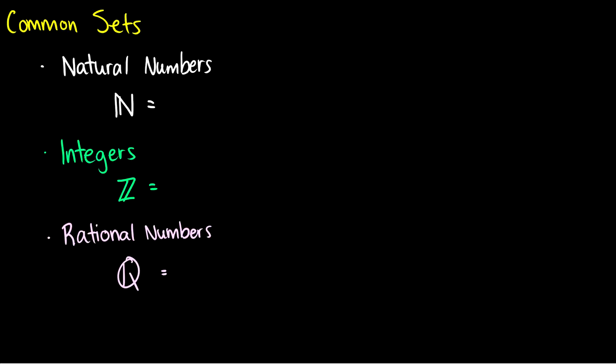There are a few common sets that we should talk about. One of them is the natural numbers. The first time I made this video, there was some controversy, and there's still some controversy. But there are 2 ways to do the natural numbers. One of them is to start with 0, then 1, 2, 3, all the way up forever and ever. Another group of mathematicians starts the natural numbers with 1, 2, 3, so on and so forth.